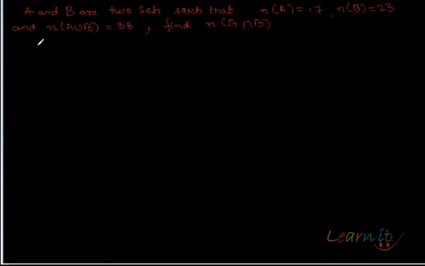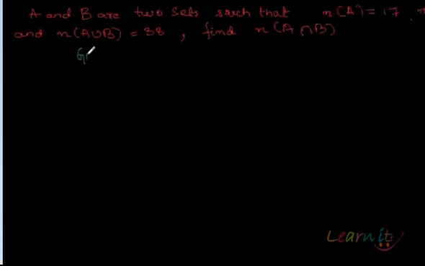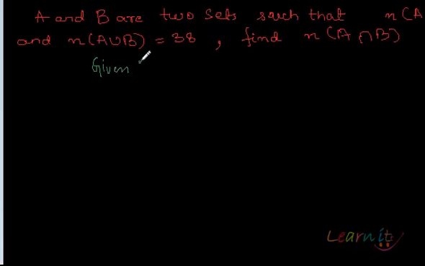Okay, let's look at this question. We are given that A and B are any two sets such that the number of elements in A is 17, the number of elements in B is 23, and the number of elements in the union of the two sets is 38.